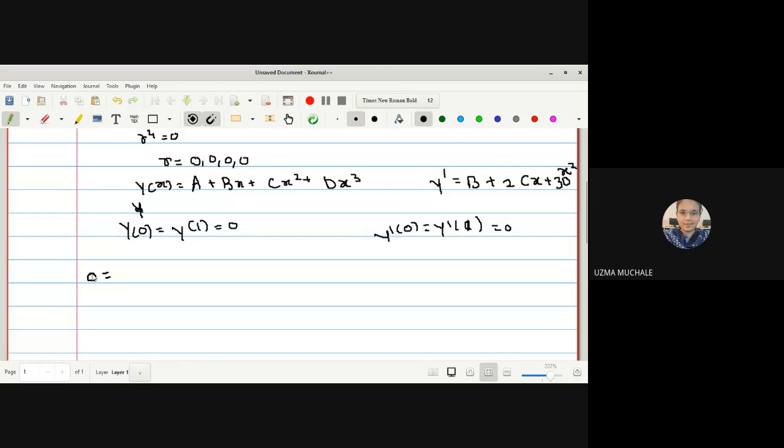First I will use y of 0 is equal to 0. This means A plus B into 0 plus C into 0 plus D into 0, which means A is equal to 0. If I use y of 1 is equal to 0, which means A plus B plus C plus D, already A is 0, so no need to take that.